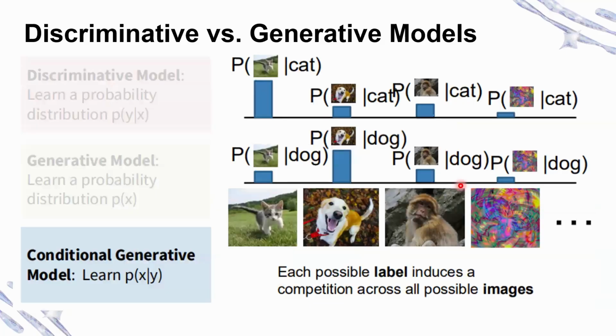And so another thing we can think about, if we move up another step, is the conditional generative model, where we give a condition that is much more nuanced and richer than just a categorical label like cat or dog.